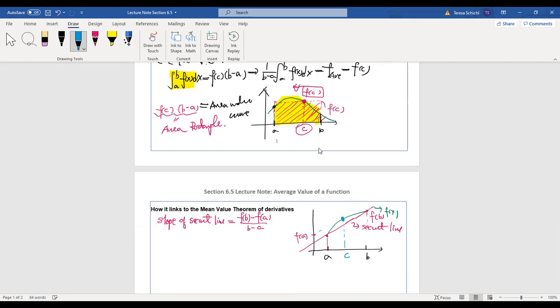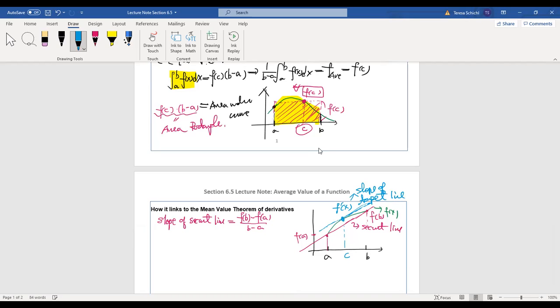Well, if you find the tangent line through this c, you will find this tangent line is parallel to this secant line, right? So what is the slope of a tangent line? It is f prime of x. So this is the slope of the tangent line, right?